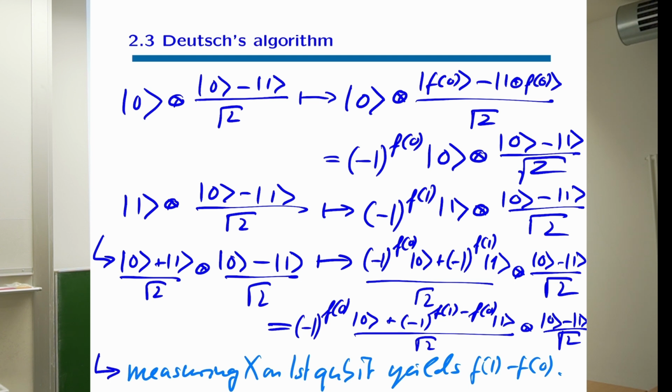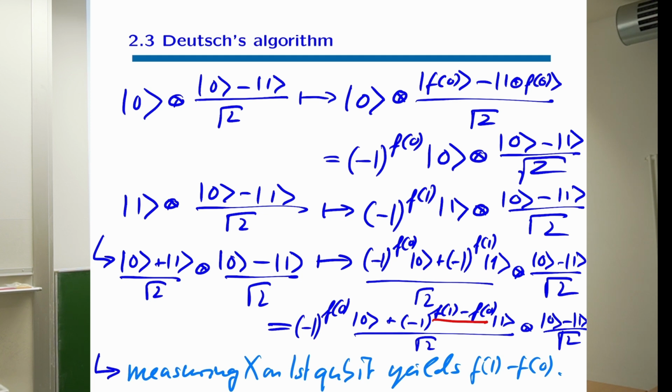So the important thing is here. Regardless of what this difference of values is, this is an eigenstate of the Pauli operator sigma x. If this difference of function values is 0, then you get the plus eigenstate, and if this difference of values is 1, then you get the negative eigenvalue eigenstate of sigma x.